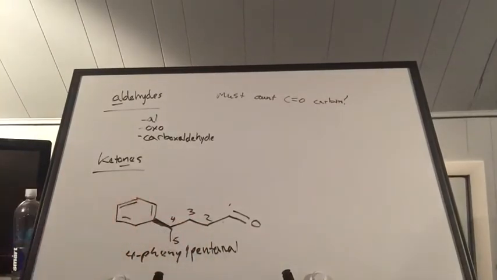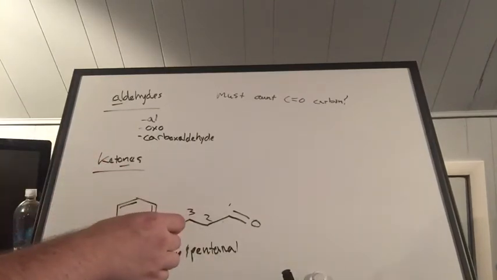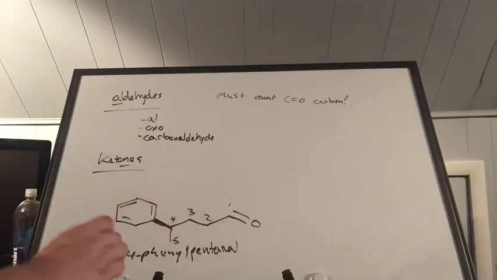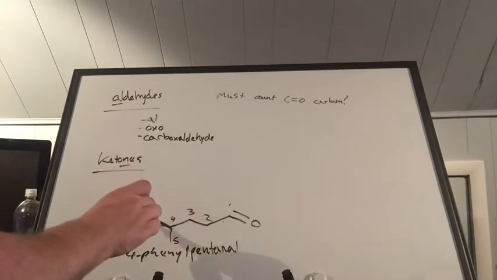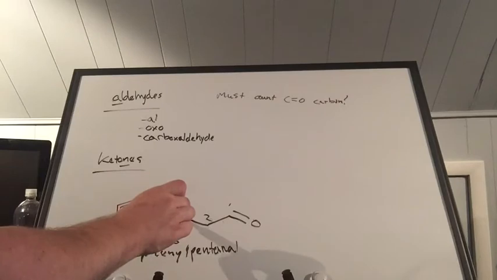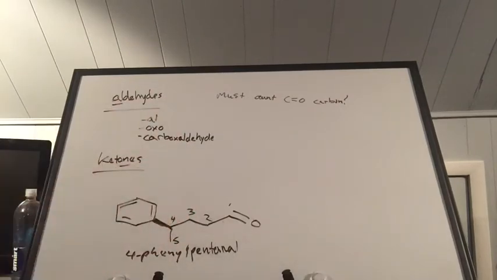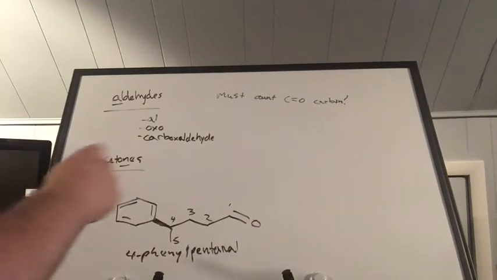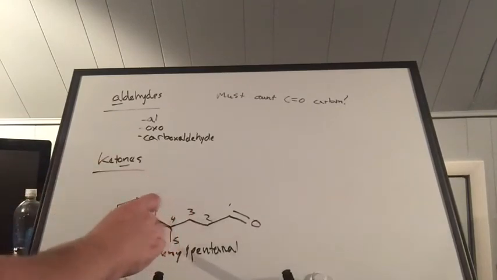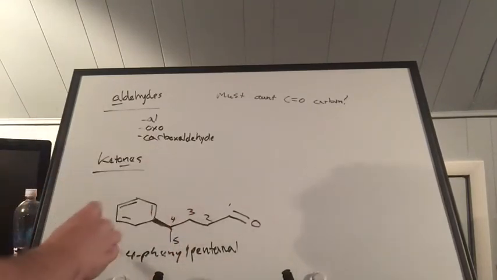You also have that phenyl there, which is on a stereogenic carbon. So if we were to think about it in terms of highest priority, phenyl is going to be 1, followed by this carbon, number 3 in the chain, and then number 5 on the chain where the methyl is. So it's going to go 1, 2, 3. So it's going to be R.